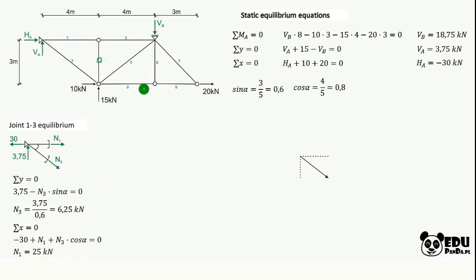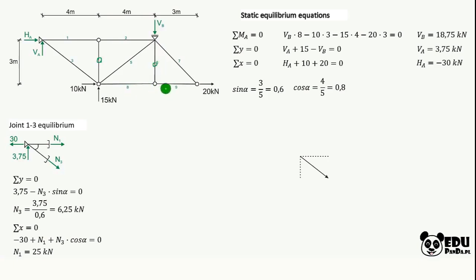Now let's look at the joint 6, 8, 9, that is, at this one. Similarly, from the sum of projections on the y-axis, bar 6 is 0. Someone might say, but wait, if I cut the joint 2, 5, 6, 7, it might turn out that the reaction VB acts on this bar. Unfortunately, that's not the case.